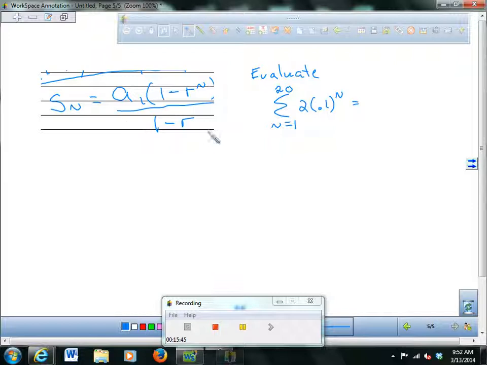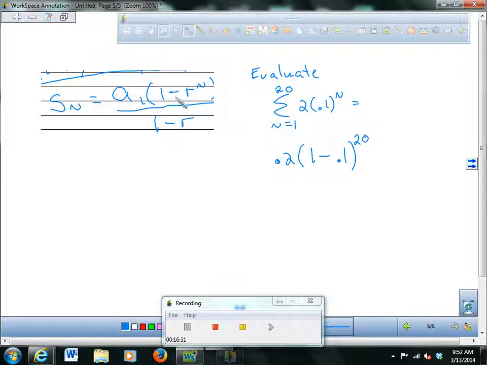So the sum using this formula, I'd have 0.2 times 1 minus, what's r? What am I multiplying by each time? 0.1, okay? 0.1 raised to the 20th power.